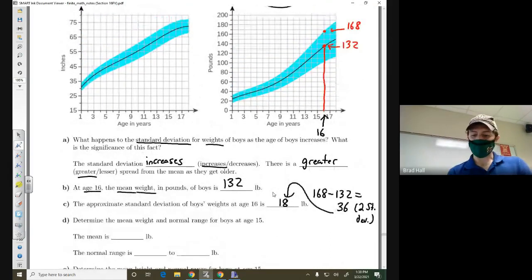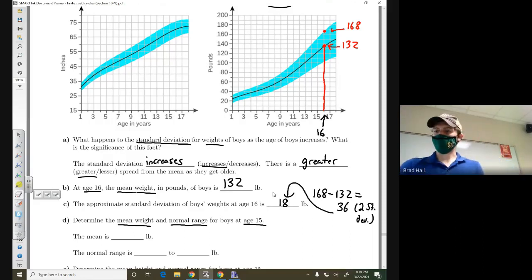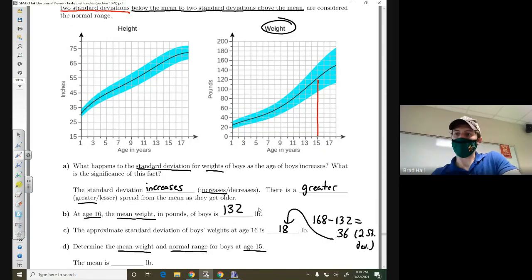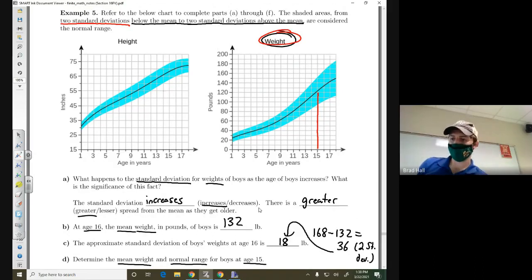Now they want the mean weight and the normal range for boys at age 15. So on our graph, let's clean this up a little bit, because now we're looking at 15. They want the mean weight. Weight means we're still looking at this graph off to the right.